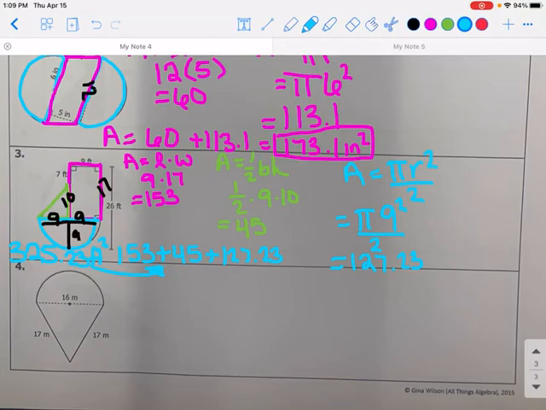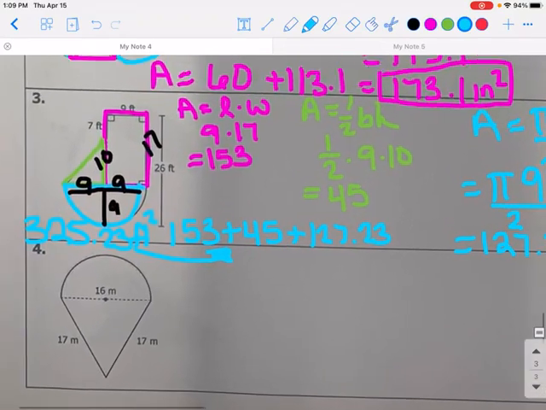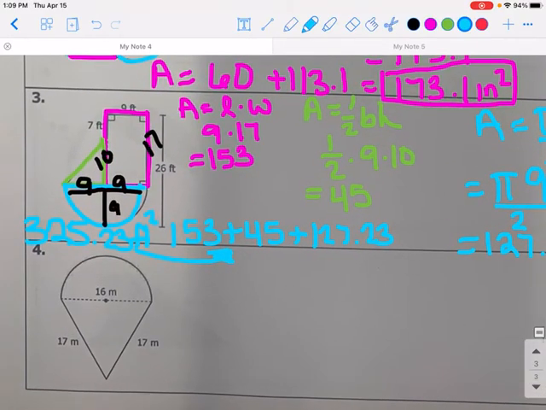Okay, one more example. We have 2 shapes that I can break it into. I see a semicircle right here, and I see a triangle right here. Okie dokie. First things first, let's do that circle, or that semicircle, I should say.